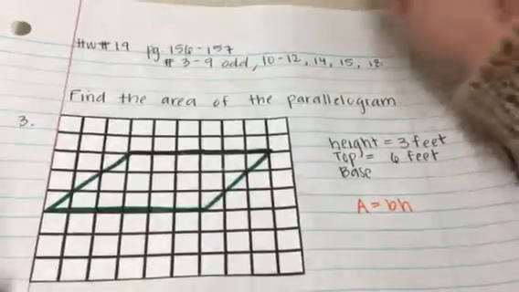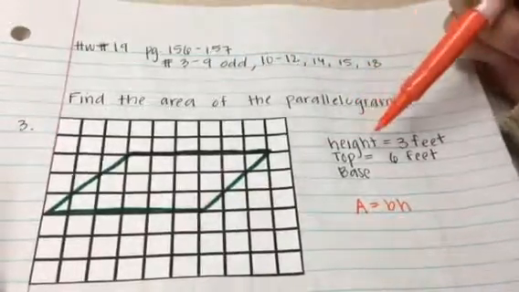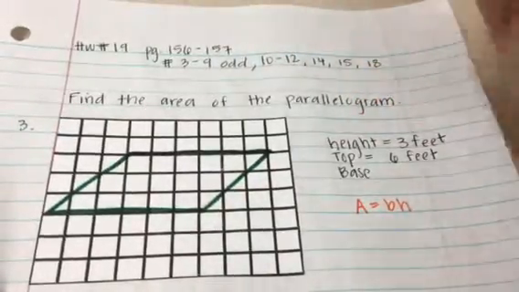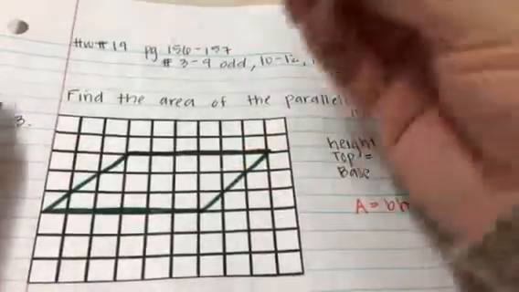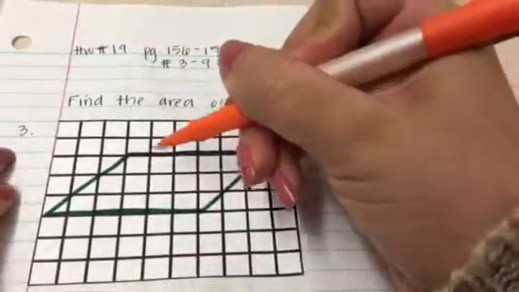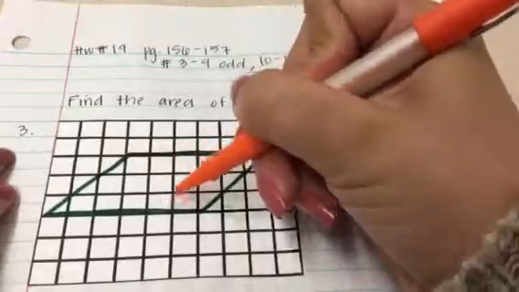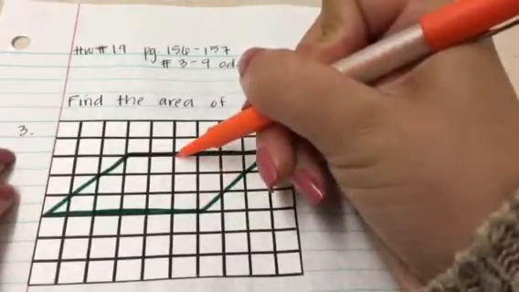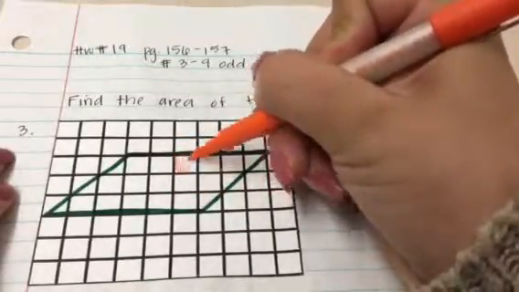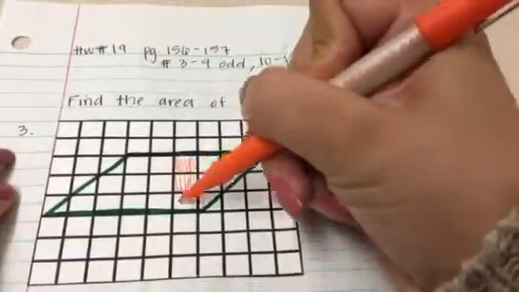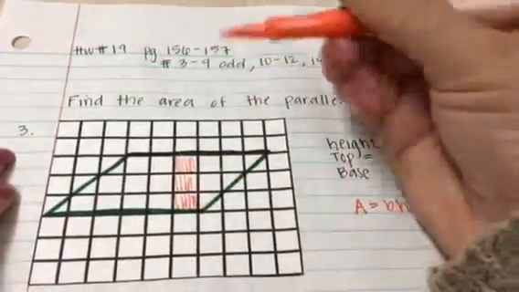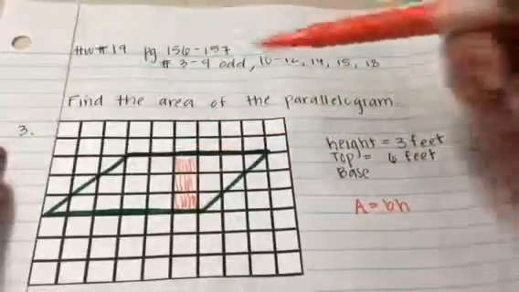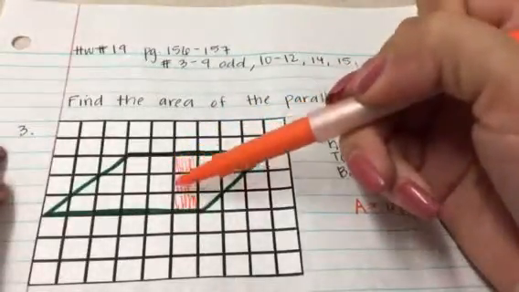So just to make sure, let's count again. Let's start off with the height of the parallelogram. We can go ahead and take this height. So it's 1, 2, and 3. So it is exactly 3 blocks. 1, 2, 3.